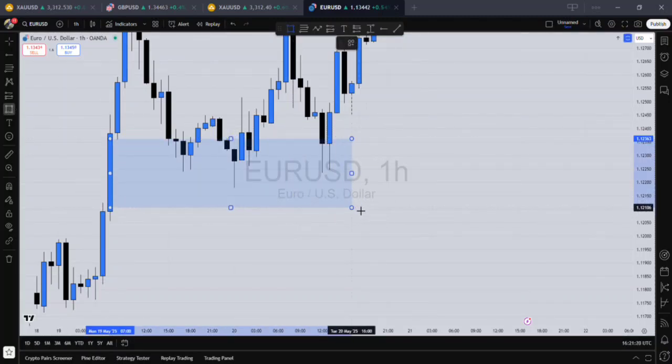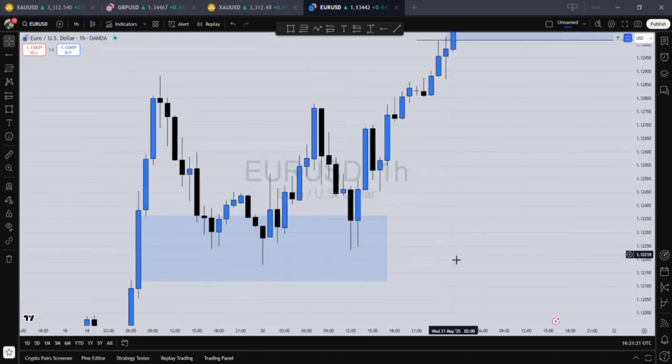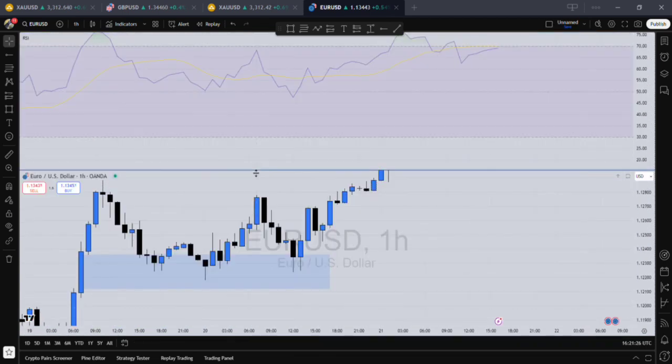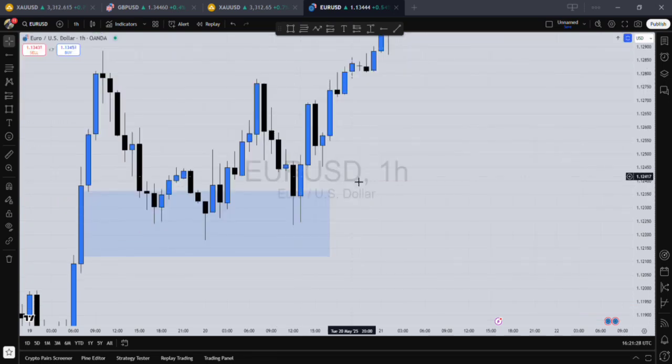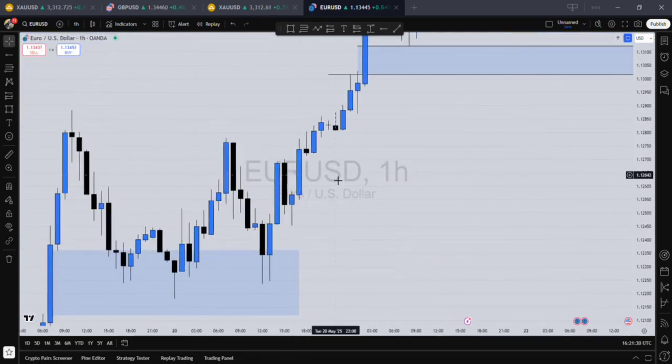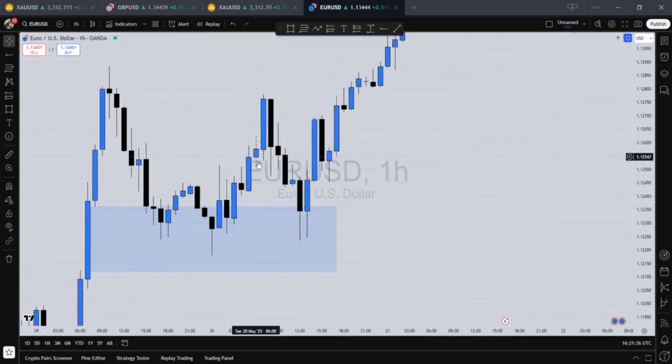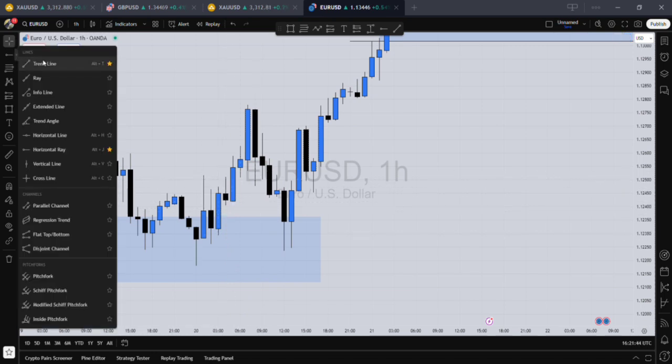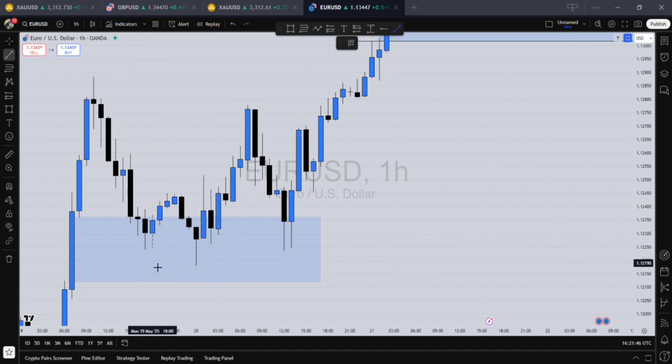All right, what I'm expecting as price taps into it is that price becomes aggressive in the first few candles after tapping into this point of interest. If price doesn't form aggressive candles that create fair value gap, then there is a problem. Price will likely come back into that entry, or price will take out that entry.